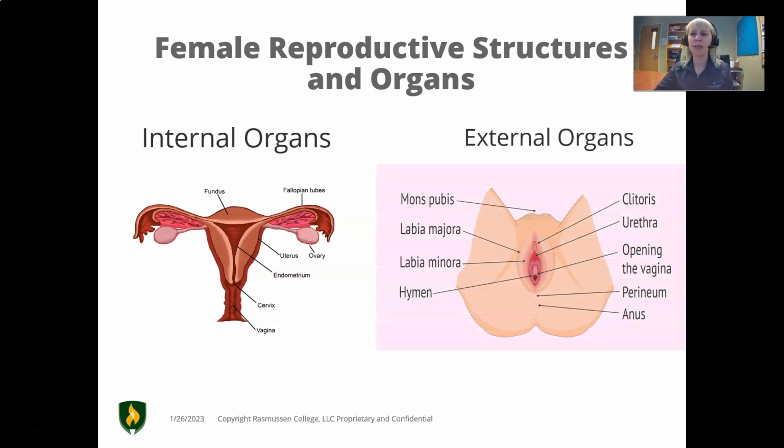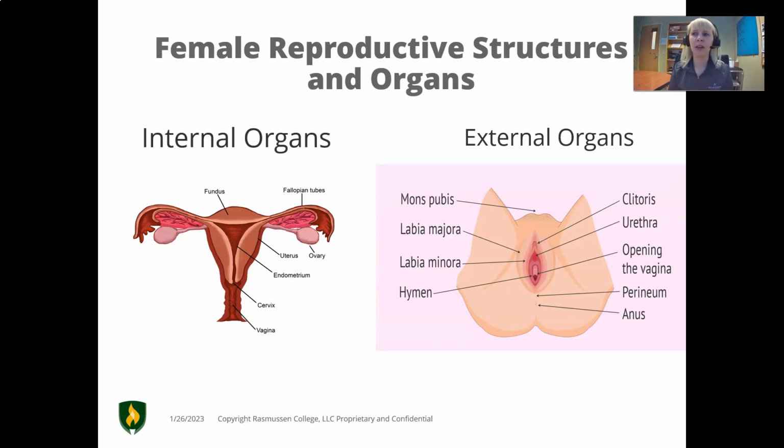The exterior organs are going to be the labia minora, labia majora, clitoris, and mons pubis. But along with those, we have things like your breasts. Those are also considered external organs.